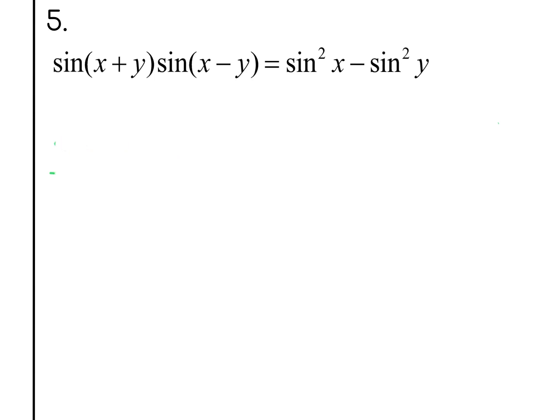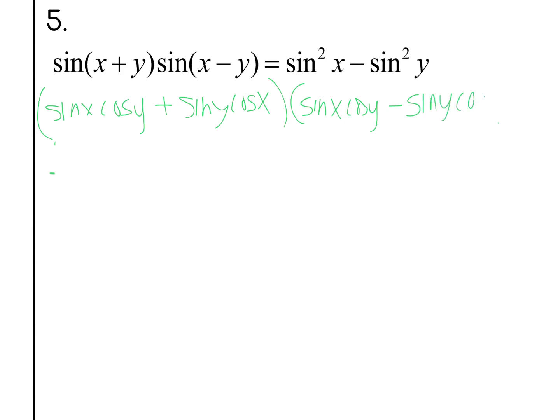So sine x cosine y plus sine y cosine x, sorry, cosine y, no, cosine x, get there eventually, there we go, forgot my letters, and then sine x cosine y minus sine y cosine x.